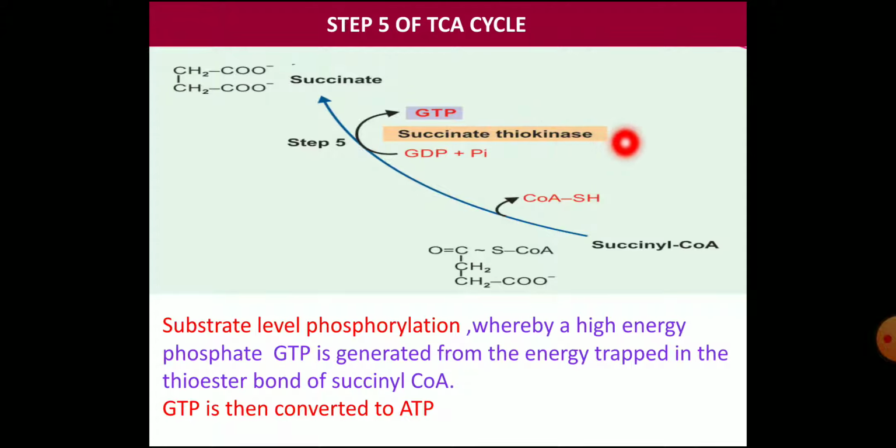So now we have synthesized 5 molecules by 2 reactions in NADH, and here from the GTP one more molecule. So altogether there is 6, isn't it? So the substrate level phosphorylation, whereby high energy phosphate GTP is generated from the energy trapped by the thioester bond of the succinyl coenzyme A. GTP is then converted to ATP. Okay.